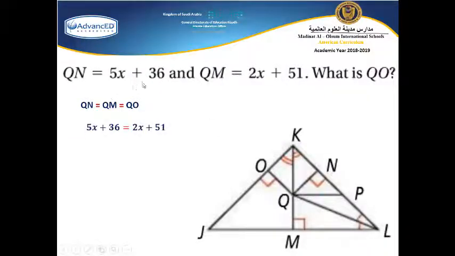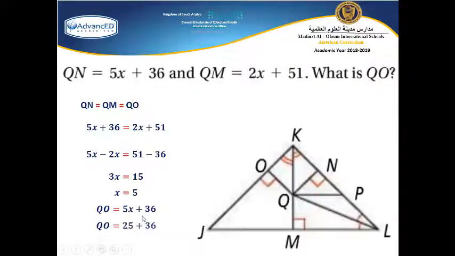Then 5x plus 36 equals 2x plus 51. By solving this equation, we get 3x equals 15, then x equals 5. Then let's substitute x equals 5 in any equation, like 5x plus 36, and we get that the length of QO equals 25 plus 36 equals 61.